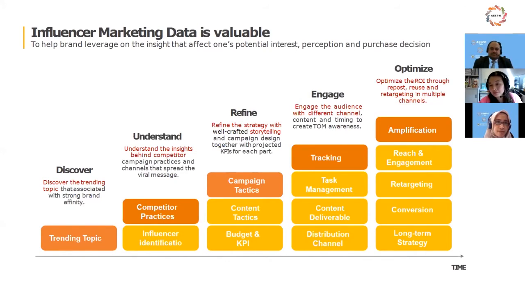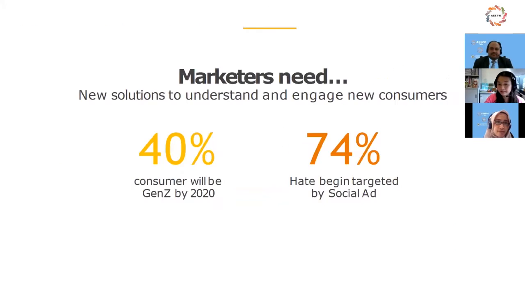So how you can repost or reuse or retarget in multiple channels for this influencer. And finally, how you can make the customer do the final purchase in your store or buy your stuff online. So you can see that marketers need to know that around 40% of your customers will be genuine by this year.